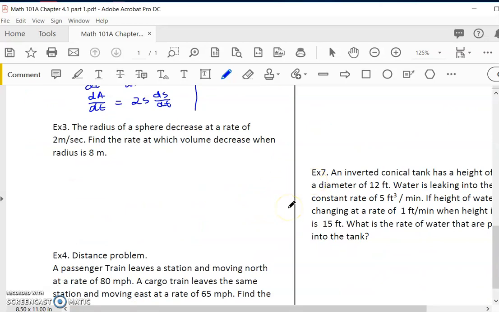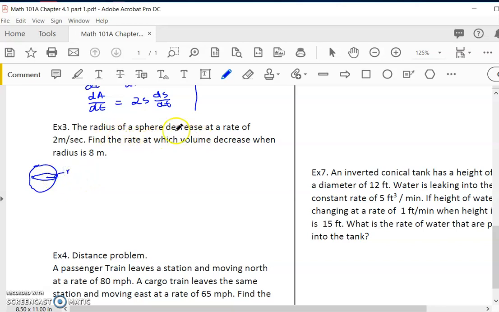So this third geometry one is this one. The radius of a sphere decreases at a rate of 2 meters per second. Radius, so r. Okay, so we draw a sphere, draw a picture, it has a radius, but it is changing, so we call it r. It's not fixed.